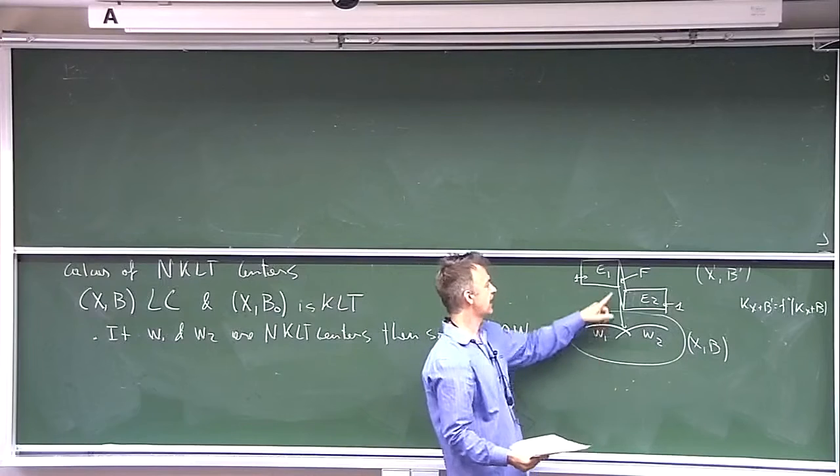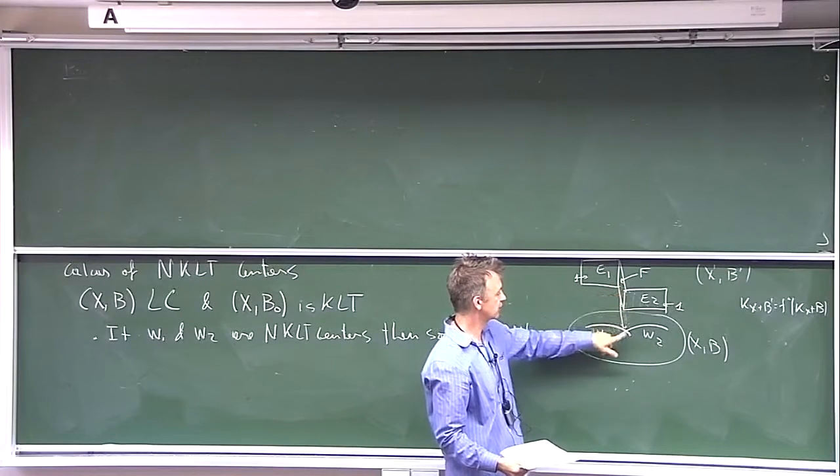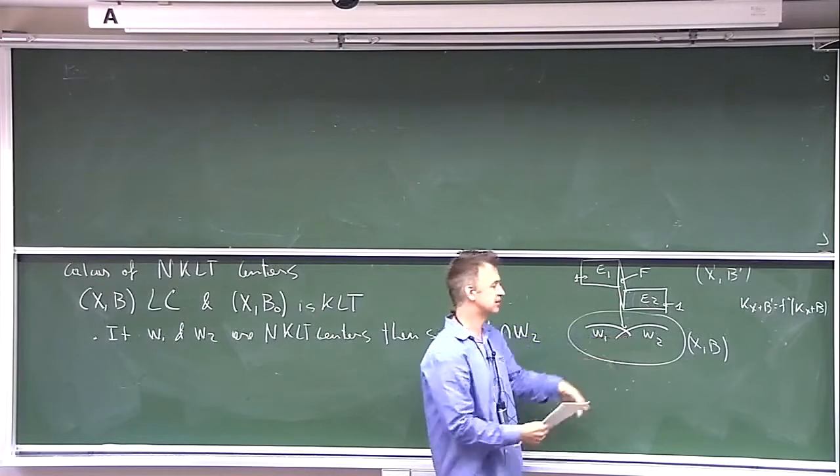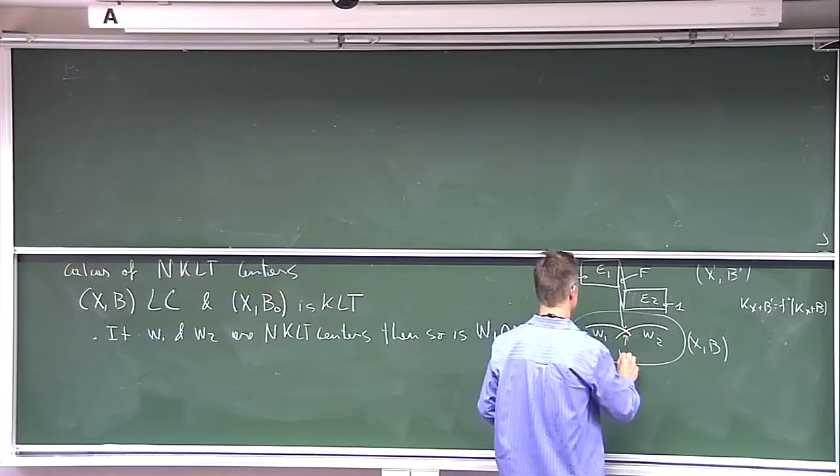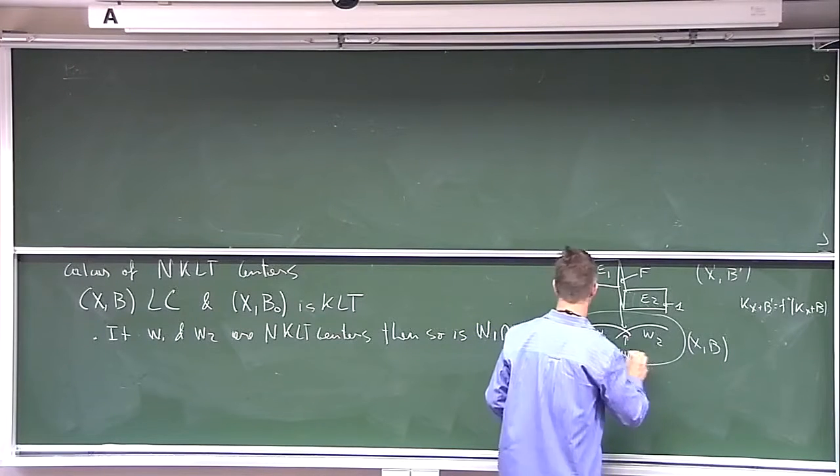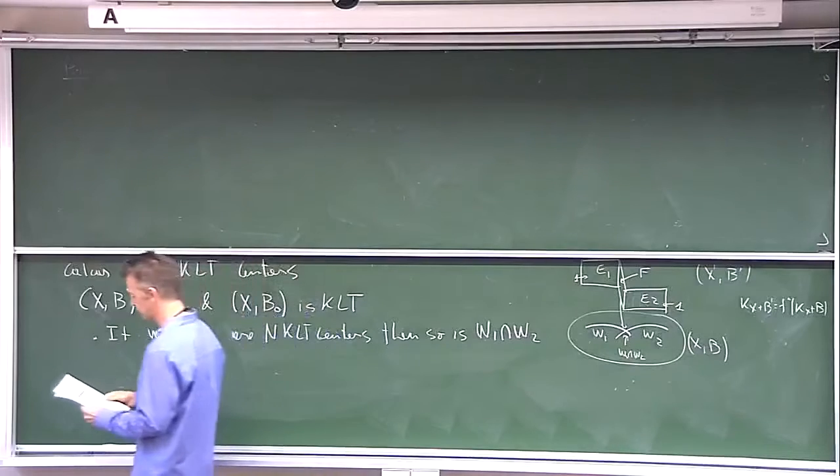And if you think about that carefully, that is what's going to give you the center living above the intersection. So I haven't proved it, but we have a good intuitive idea why it should be true.